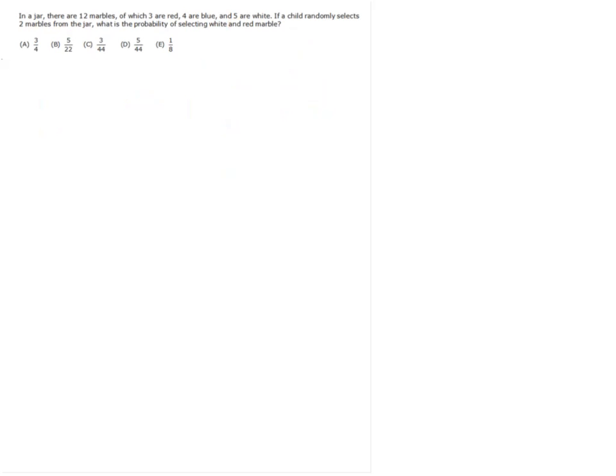If I changed what's being asked here from what is the probability of selecting a white and red marble to how many ways can the child select a white and red marble?